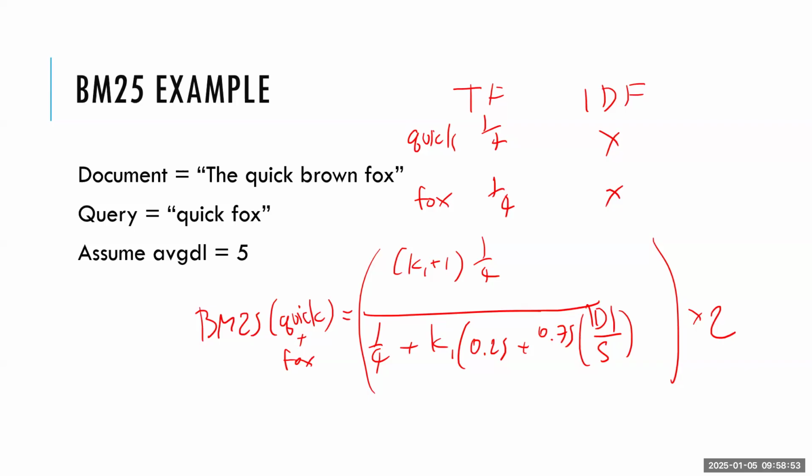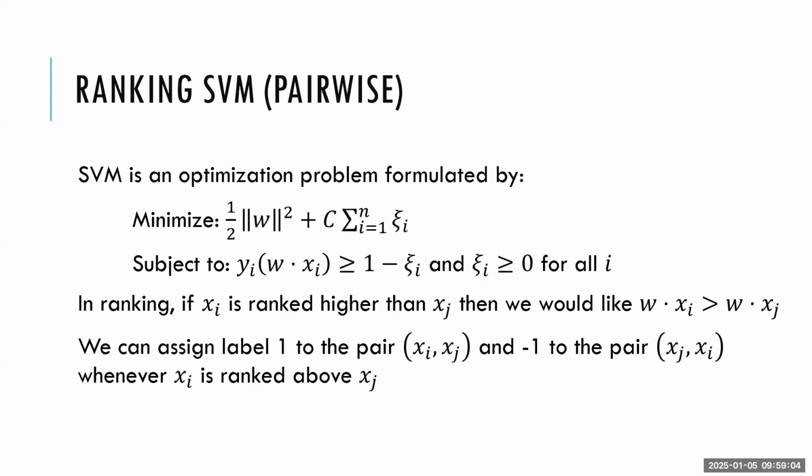So let's say I have the feature for each document pair ready, and I want to learn the score, but in a pairwise manner. So in a pairwise manner, we are going to use something called SVM, support vector machine. And the support vector machine is an optimization.